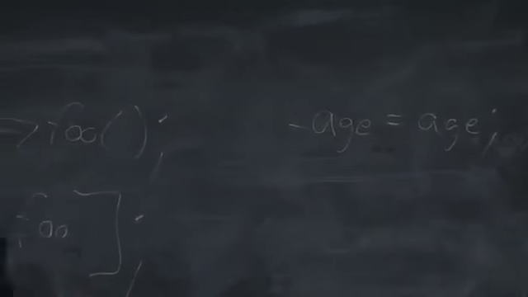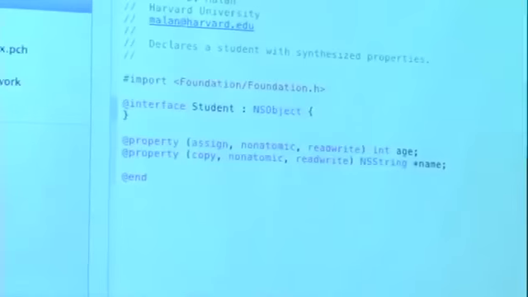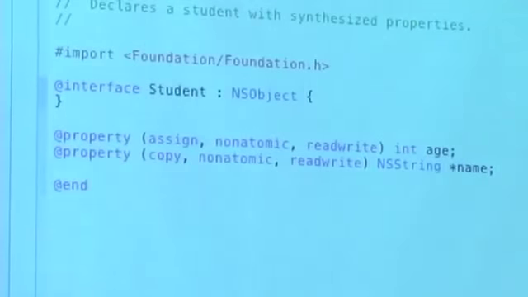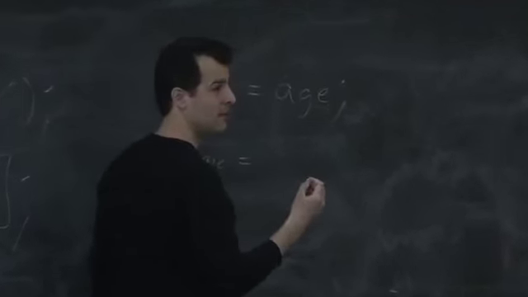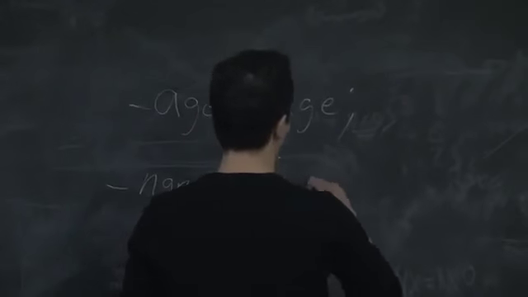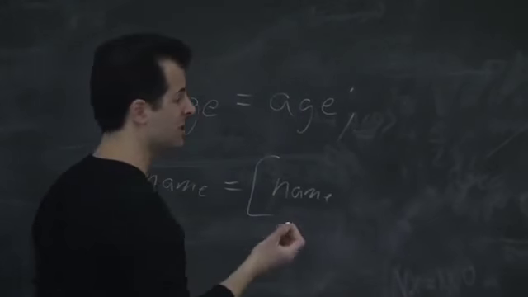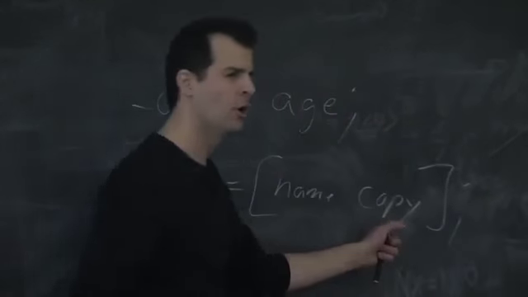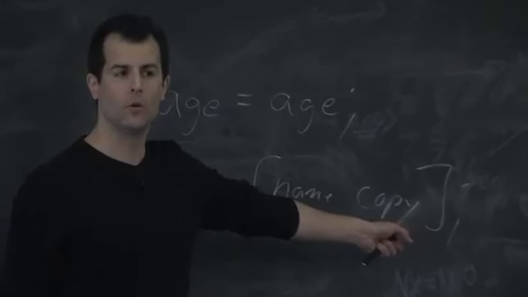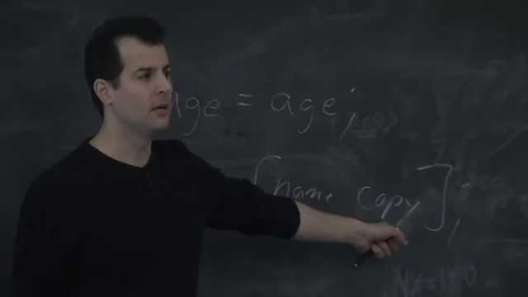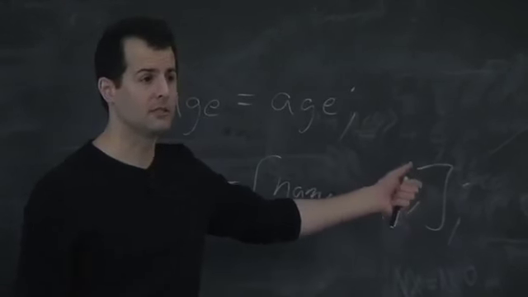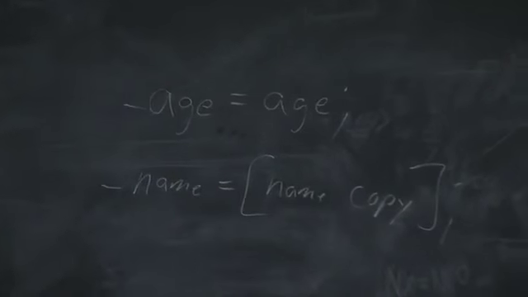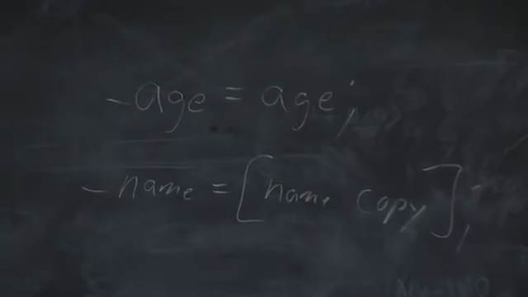By contrast, and you can kind of guess now, when you say copy instead of assign, what kind of setter gets automatically created for you? _name gets the name argument that was presumably passed in to the setter, and then pass it the copy message. Where does the copy method come from? Where was it defined? In the NSString class. It's an instance method that you get for free. So that's the distinction there.